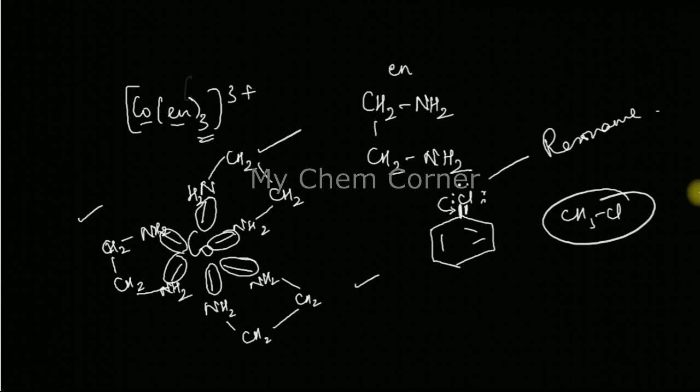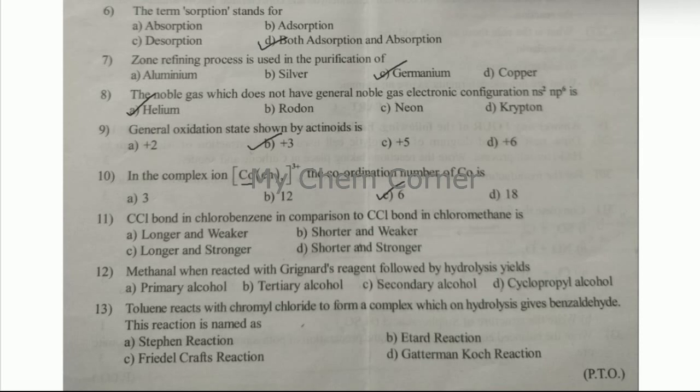Because of resonance, that bond becomes stronger, and whenever we form a double bond, the bond length becomes shorter. So our answer has to be shorter and stronger, which is option D.